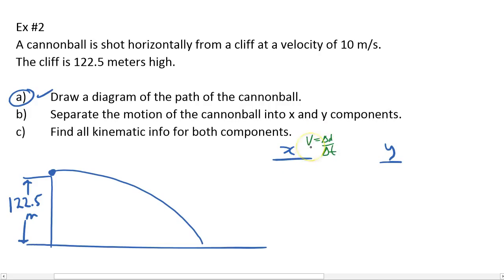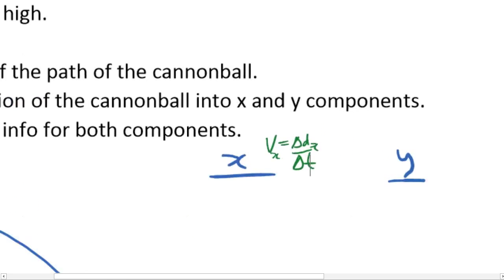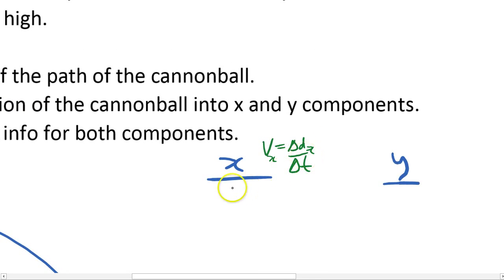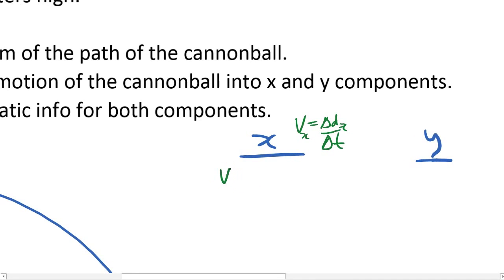I only want to talk about this horizontally, so it's going to be Vx here and dx there. So if you can see that, Vx is equal, this is the only formula we're going to use. So in other words, we're going to be saying, what's Vx, what's delta dx, and what's delta t? Now, time doesn't have a horizontal and a vertical component. So in this one, if we know 2 of those 3, we can find the third, right? That's how math works, okay?